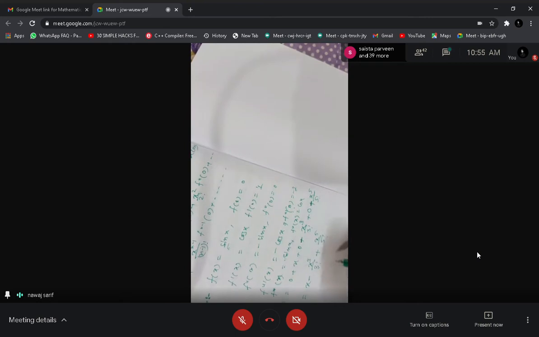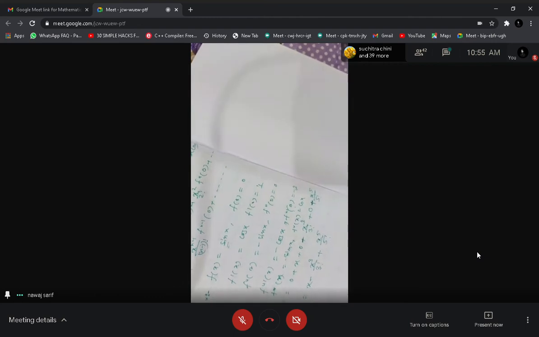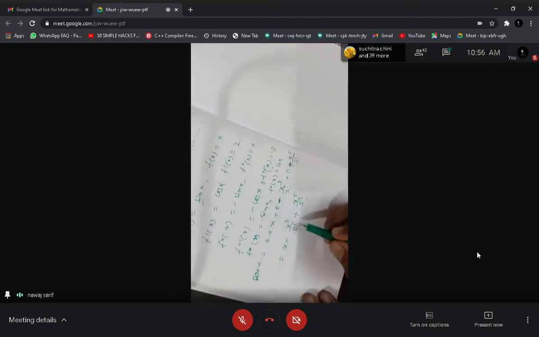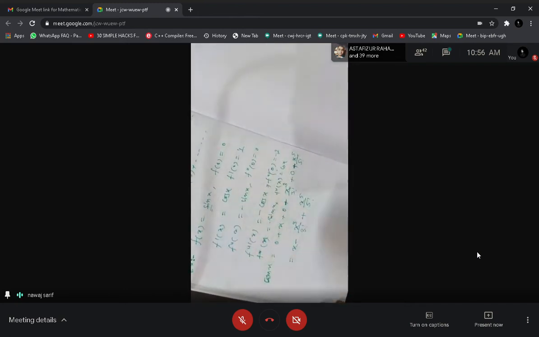x square upon factorial 2, but the x square term is vanishing because f double dash 0 is 0. So only the odd degree terms are here. Even degree terms are vanishing because these derivatives at 0 are 0.